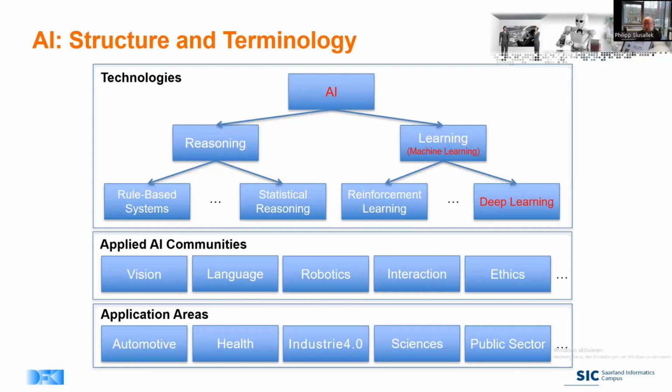Before I get there, I want to get us on the same page in terms of where we are with AI and how the AI area is really structured, right? So AI really is a very broad term for a lot of different techniques, and we can broadly classify them into reasoning techniques.